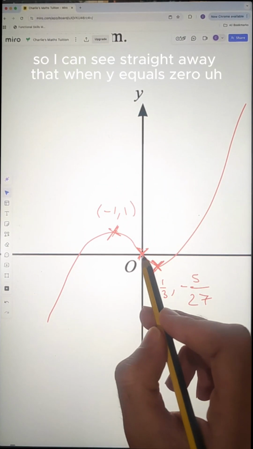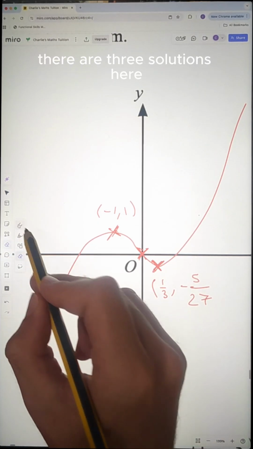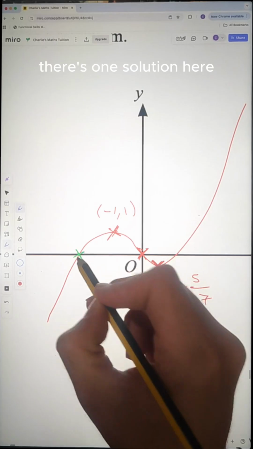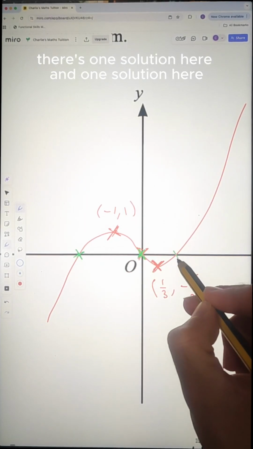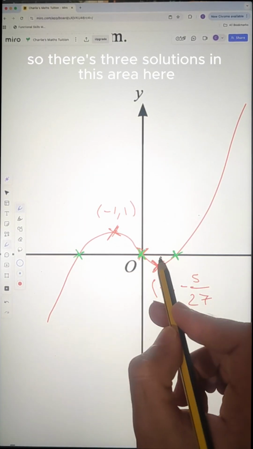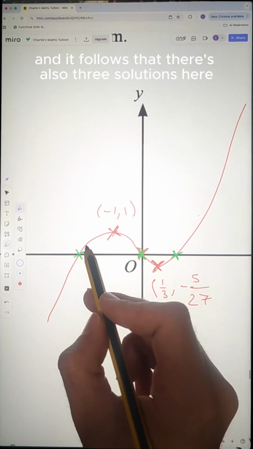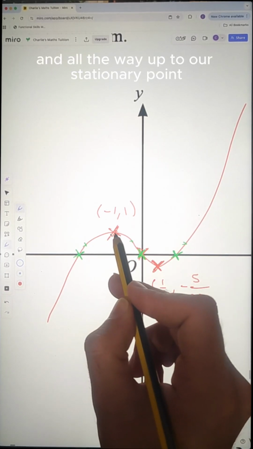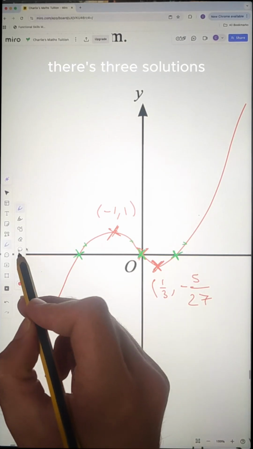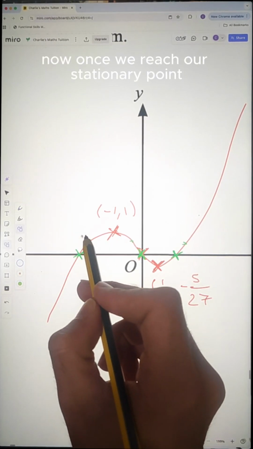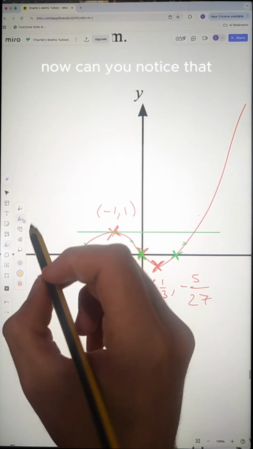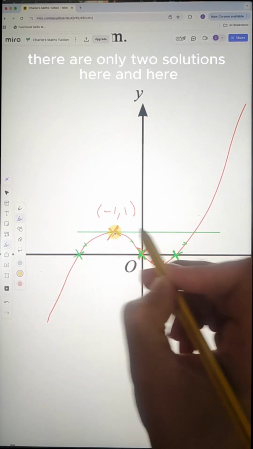I can see straight away that when y equals 0, there are 3 solutions here. There's one solution here, one here, and one here. And it follows that there's also 3 solutions all the way up to our stationary point. Once we reach our stationary point, you can notice that there are only 2 solutions, here and here.